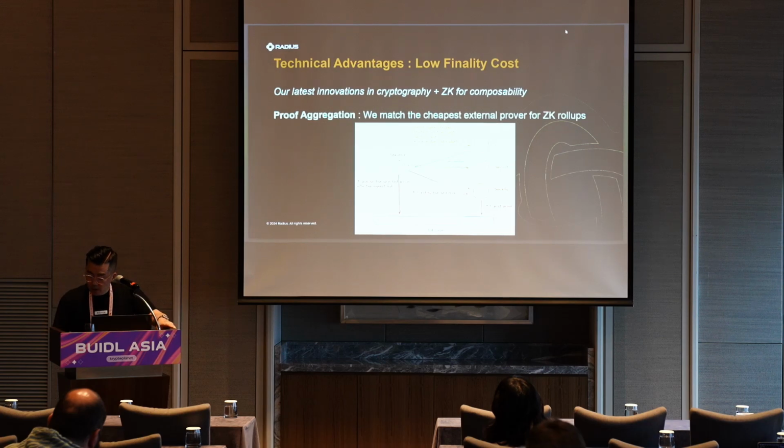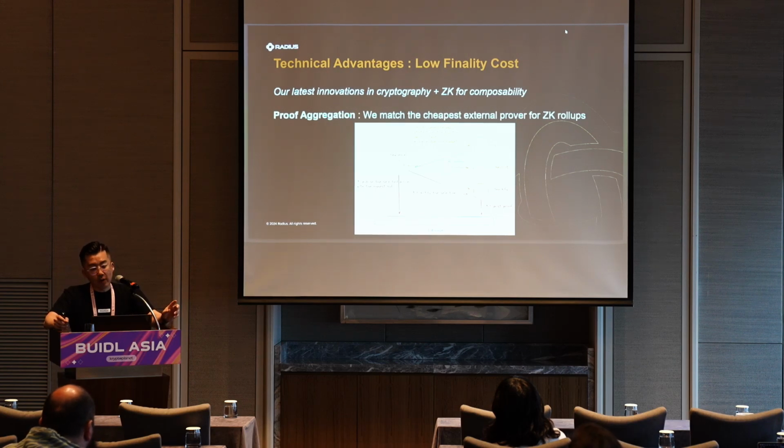Another last one would be low finality cost. Radius came from the ZK community, so we want to solve many problems with ZK, and we also need some way to reduce operational costs for rollups.